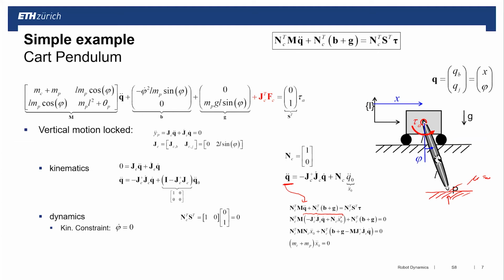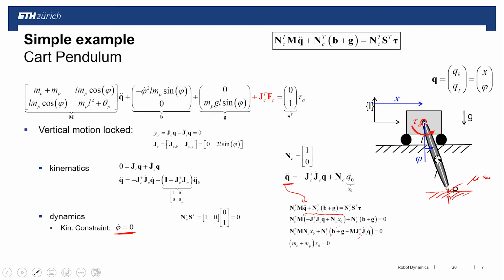And now we know that, and that's again only because this example is so simple, we have the pendulum which is not allowed to move. So this system can only move like this. So the constraint that the velocity at that point must be 0 implies that my phi dot must be 0. So if I take this and insert it in here, I will get this to be 0 and this to be 0, plus we have the NC times gravity part.